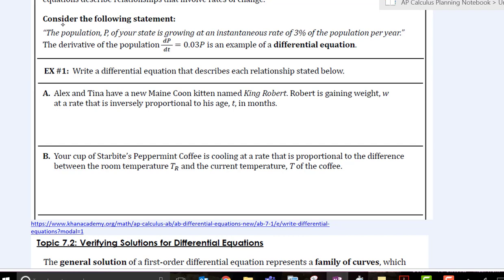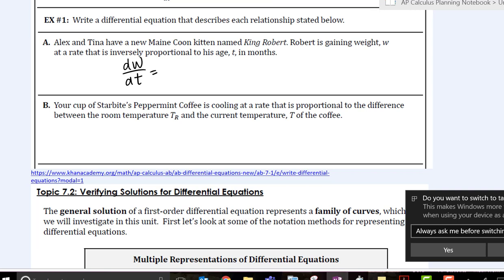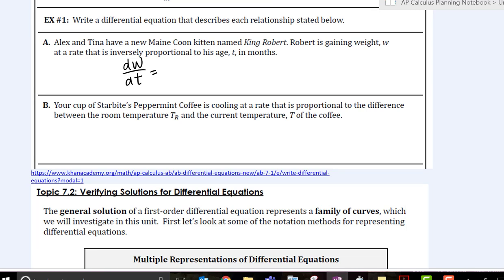So our first example says, Alex and Tina have a new Maine Coon kitten, oh my goodness, named King Robert. Robert is gaining weight, W, at a rate that is inversely proportional to his age, T, in months. So what I'm going to do, since we're talking about the rate of his weight, we're going to call this dW over dt. After I have that dW over dt, it's inversely proportional to his age in months. Inverse, right, if things are inverses of each other, that's that 1 over.